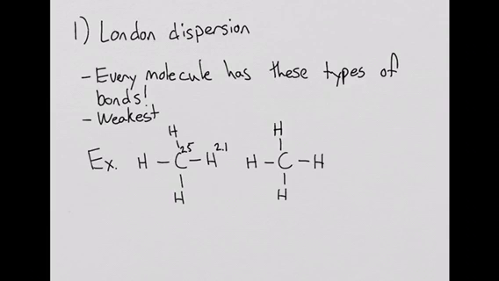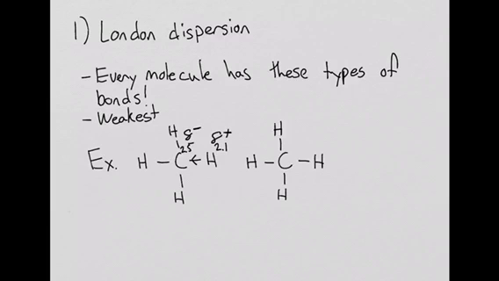There's going to be times where this carbon right here is going to hog hydrogen's electrons a little bit more. So that's going to leave a delta negative on the carbon and a delta positive over here on the hydrogen.